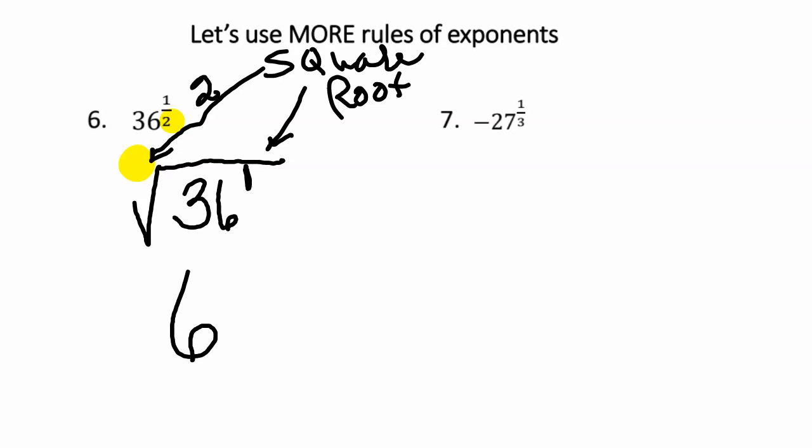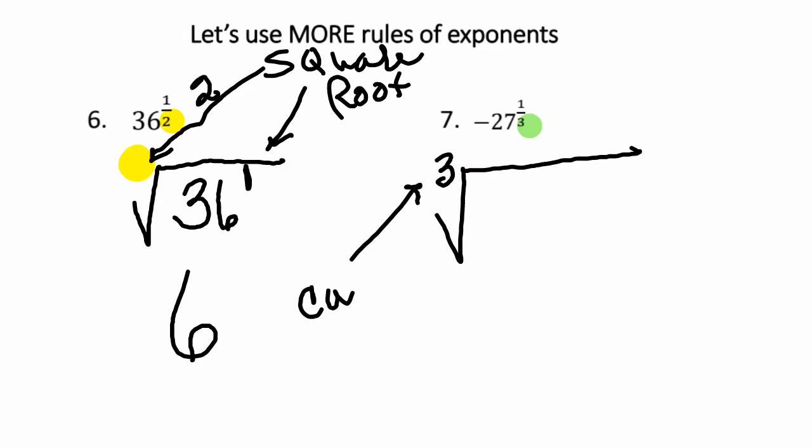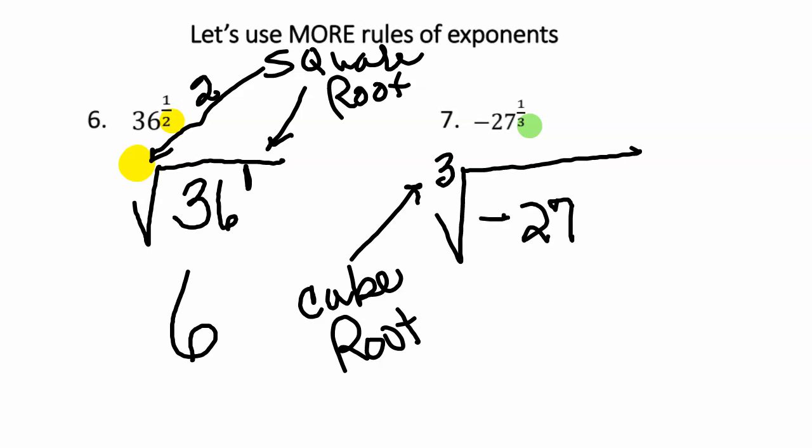Now, number 7. Okay. Watch what I have here. I have a 3. Okay. Well, when I make my root, this is called the cube root. Now, negative 27 to the power of 1 goes here. Now, the cube root of negative 27 is going to give me negative 3.